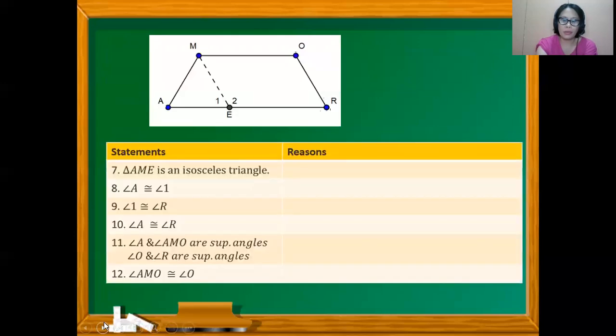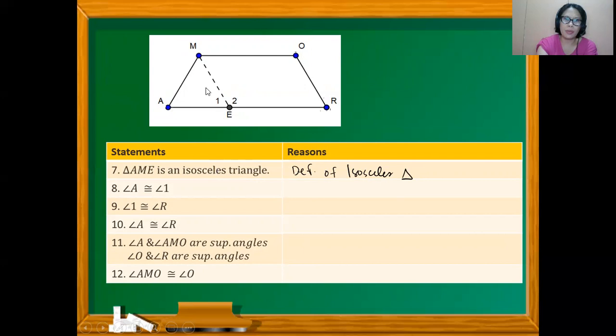Okay, let's continue. Triangle AME is an isosceles triangle. So this is about the definition of isosceles triangle. An isosceles triangle has two sides equal.